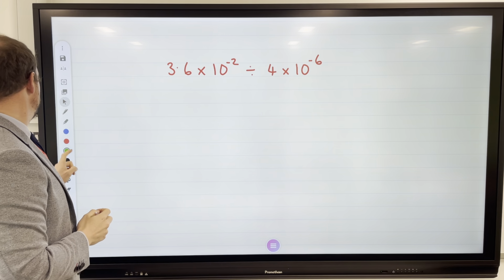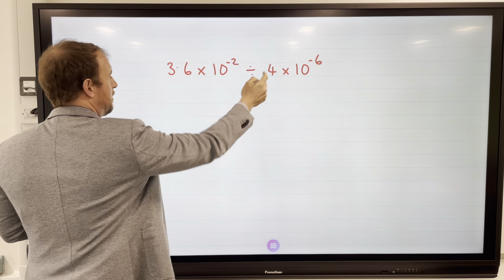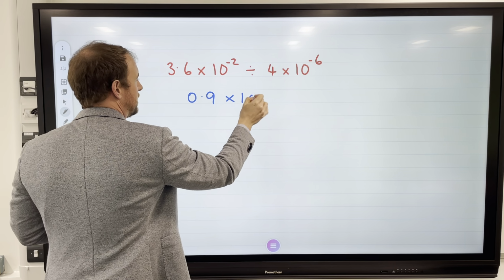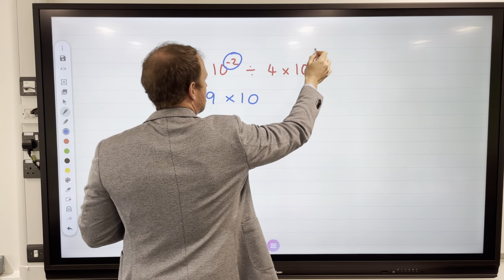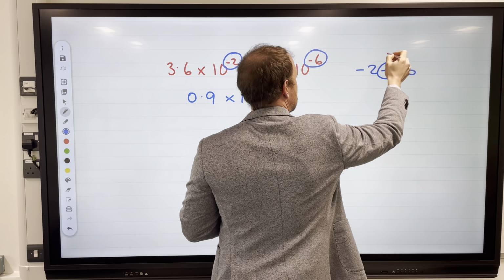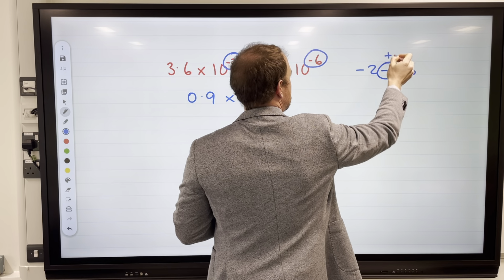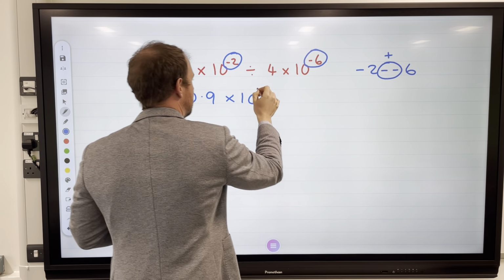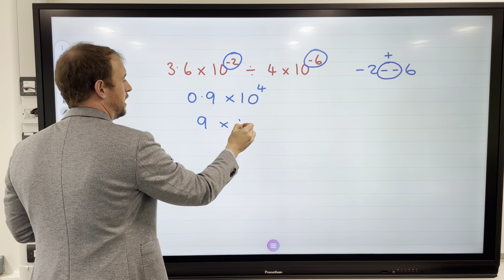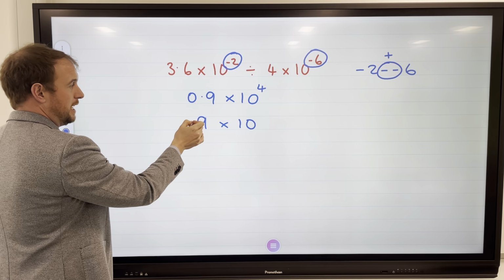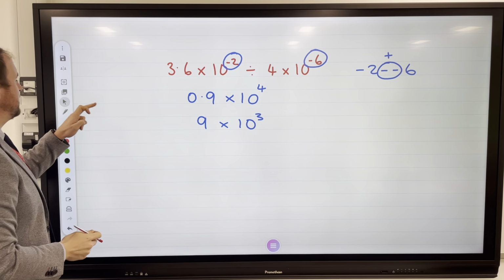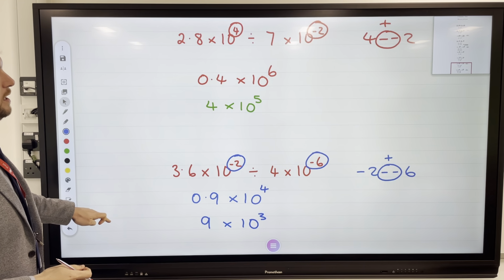Last one, 3.6 divided by 4 is 0.9 times 10 to the power of minus 2 take away minus 6. So we add there, minus 2, add 6 is 4. Convert to standard form, 9 times 10 to the power of, this is 10 times bigger, this is going to get 10 times smaller.